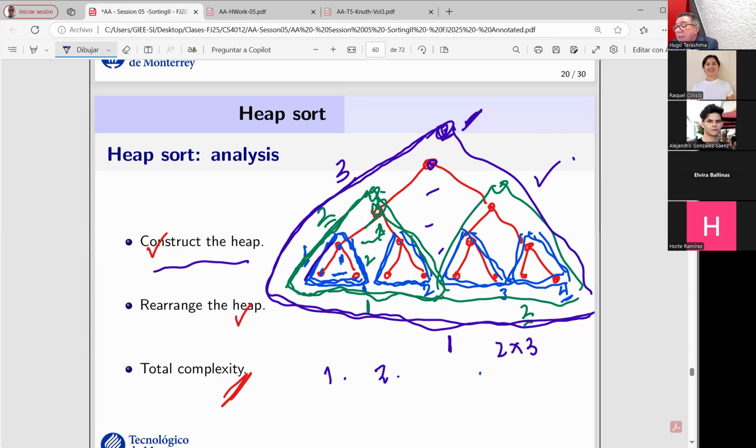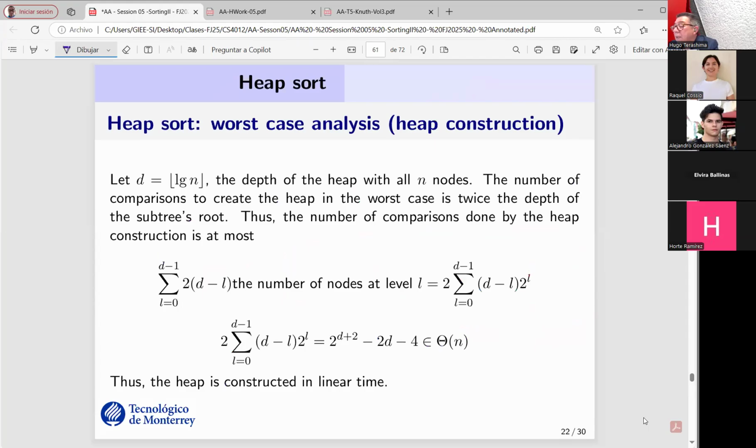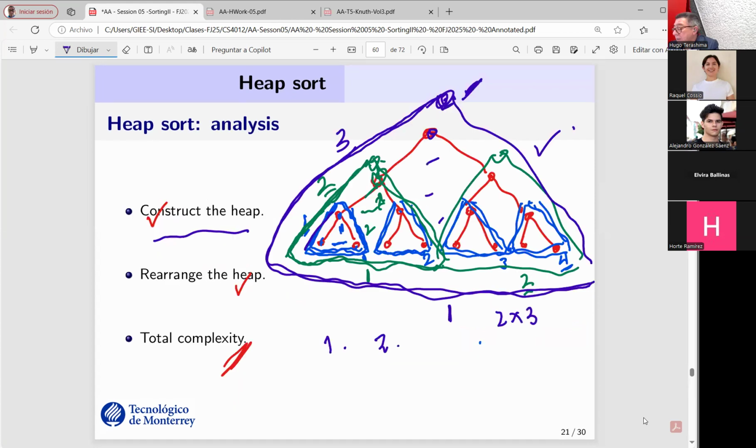Let me see if I have it here. Better written. Construction. Okay, let me just see the expression there.